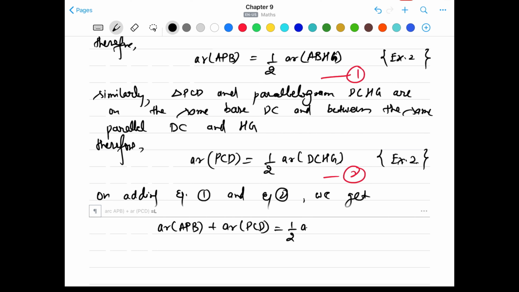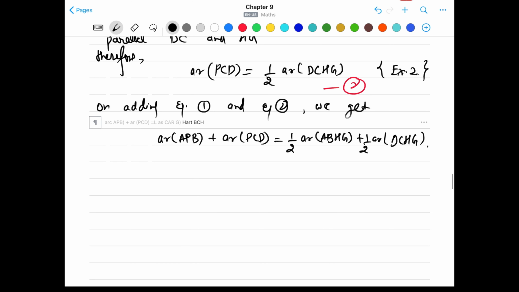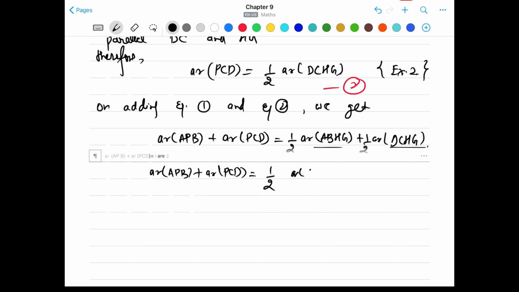On the right hand side we'll have half the area of parallelogram ABHG plus half the area of the second parallelogram DCHG. Keeping the left hand side term as it is, we have area of APB plus area of PCD equal to, taking half common, what remains is area of parallelograms ABHD and DCHD. When you add the two, we'll get half the area of parallelogram ABCD.